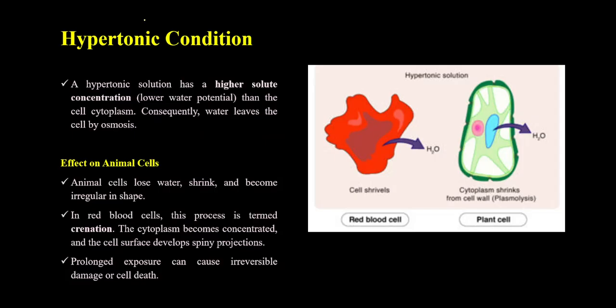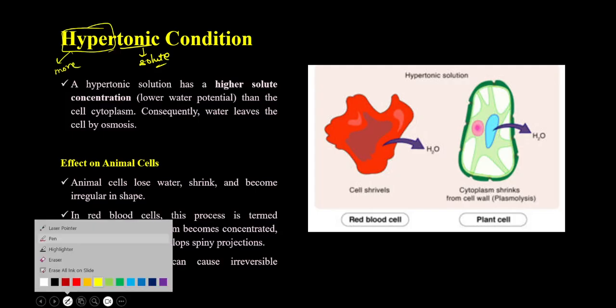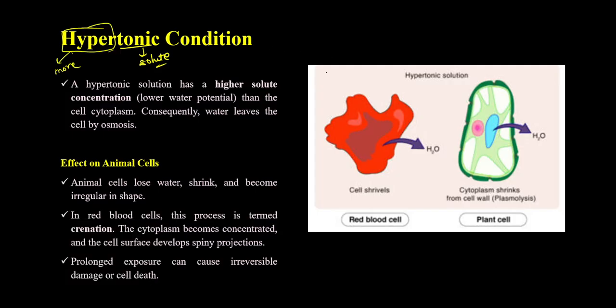Then hypertonic conditions. Hyper means more, tonic solute. So the concentration of solute will be high outside the cell than the cytoplasm. Okay, so we can write, this is the external environment.